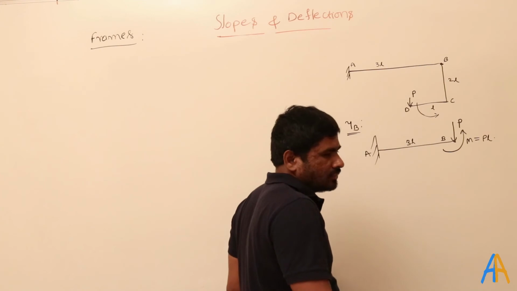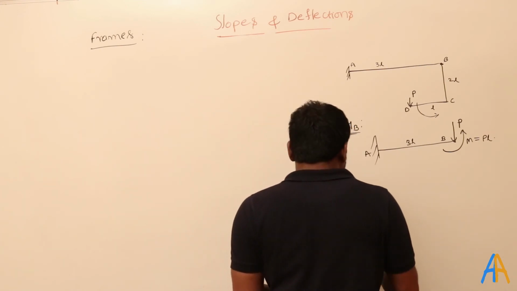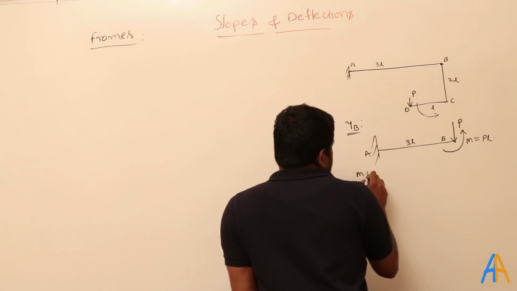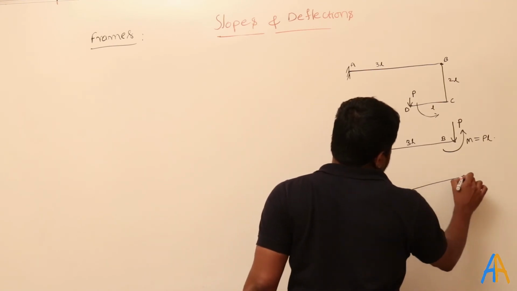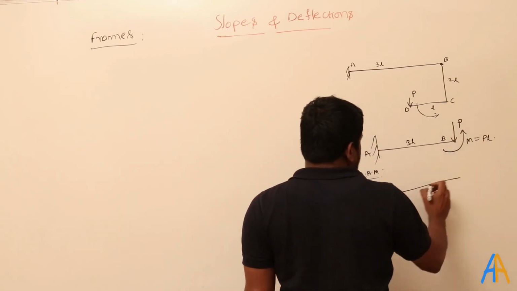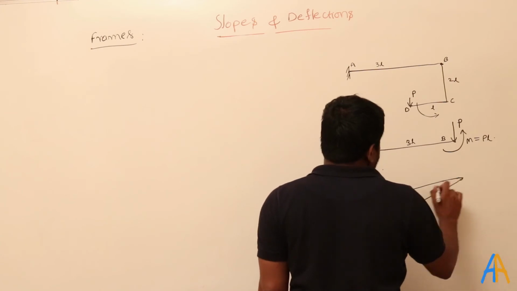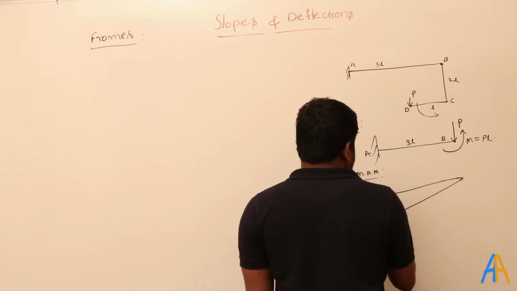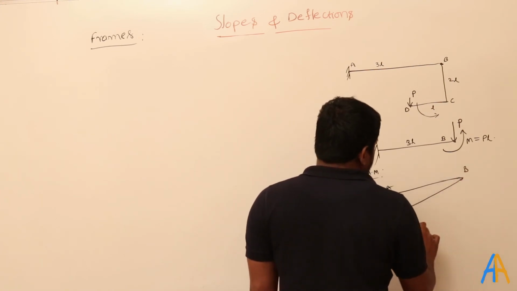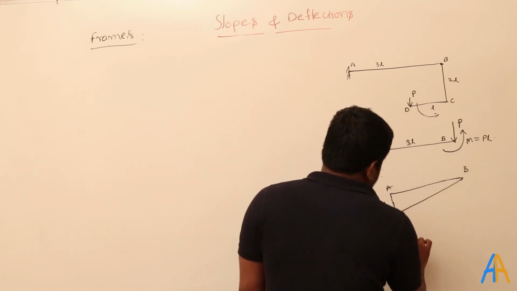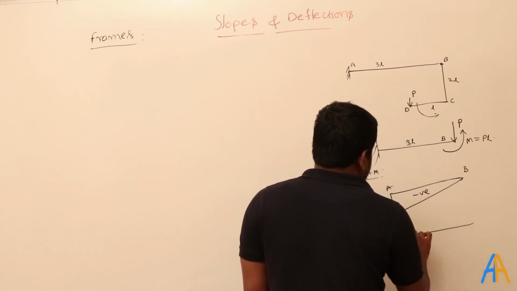Here we need to find the deflection at the end, so again we can go for the moment area method. In the moment area method, first I will take only the effect of P. If I take only the effect of P, the diagram would be like this: P into 3L, that is 3LP, this is A and this is B. Because of P it is negative, and because of the moment it is positive.